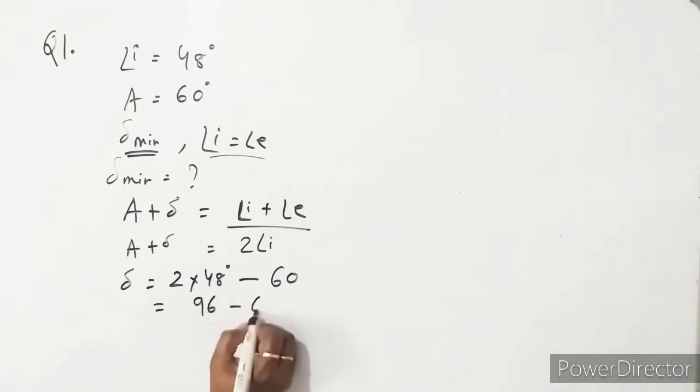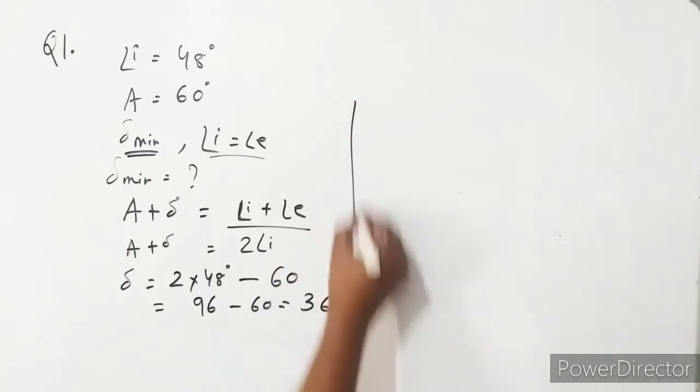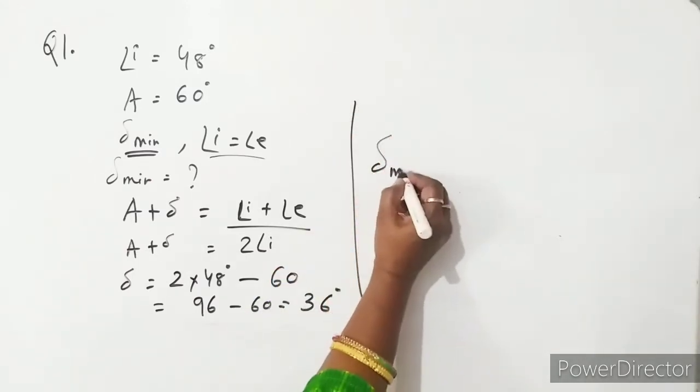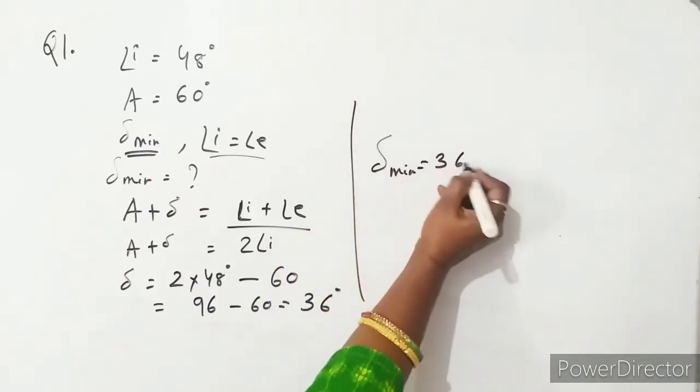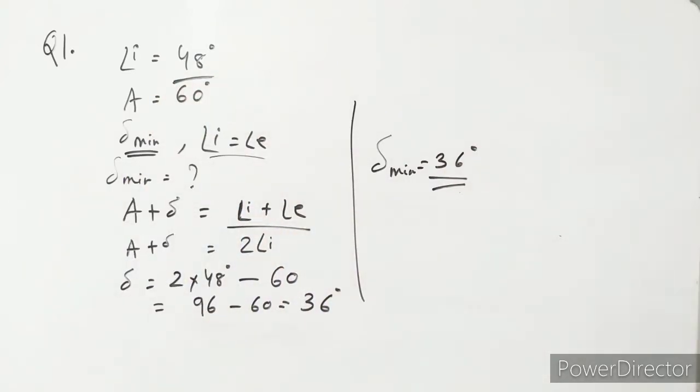So 96 minus 60, it will be 36 degrees. So what are we getting? Delta minimum equal to 36 degree, where the angle of incidence is 48 degree.